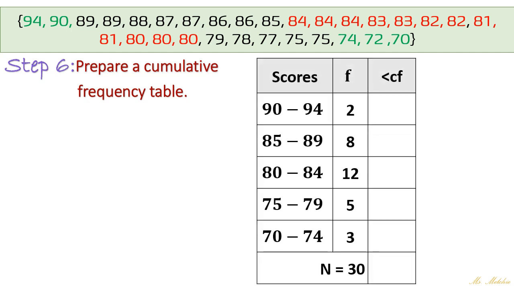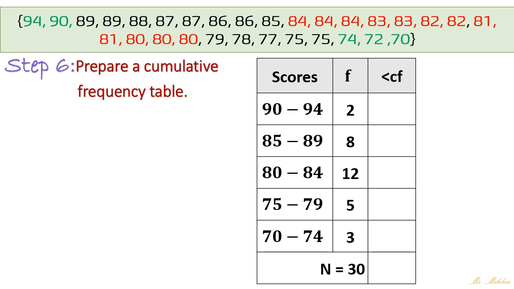So we need to have our cumulative frequency table. Now guys, since we are done with our class intervals and our frequencies, we can now write our less than cumulative frequency.